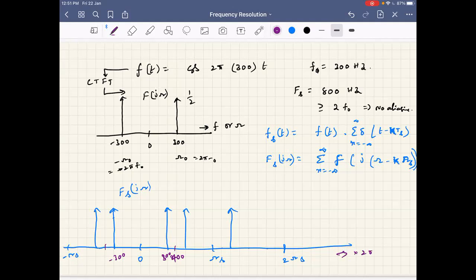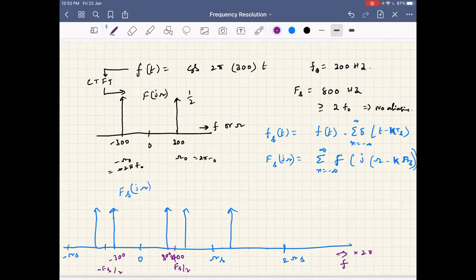What I'm writing here is in frequency, because frequency is what in terms of which we would like to understand. So now this is Fs in other words, and this is minus Fs. Sorry, this is Fs by 2 and this is minus Fs by 2.